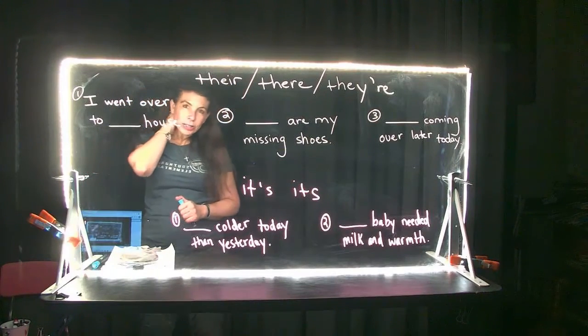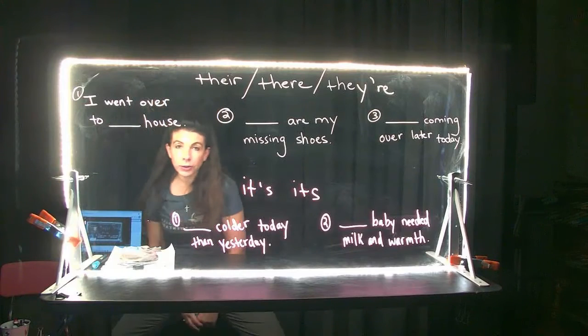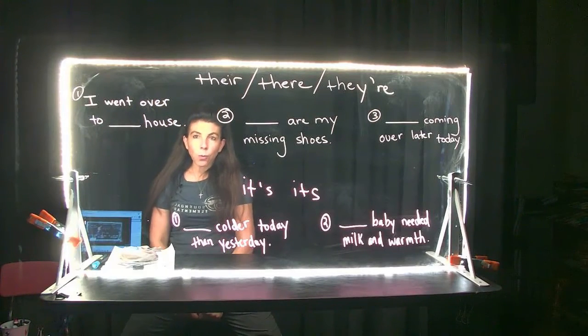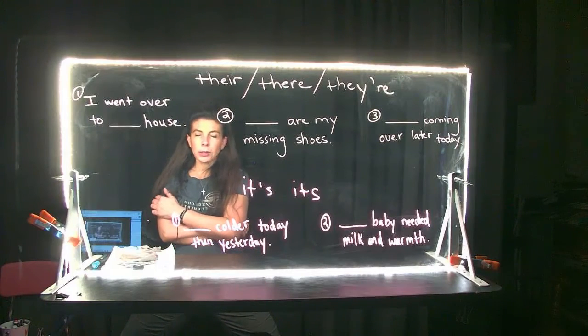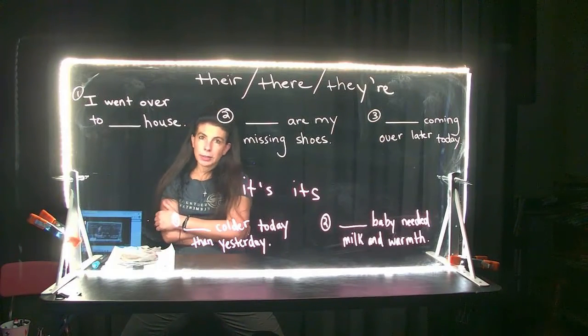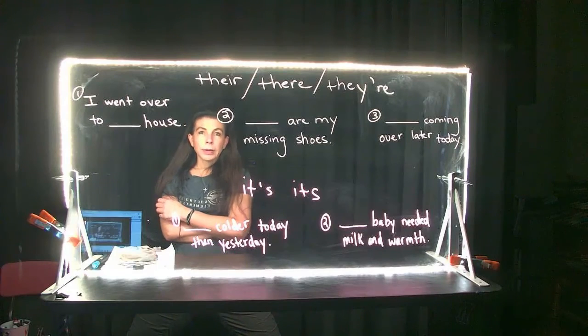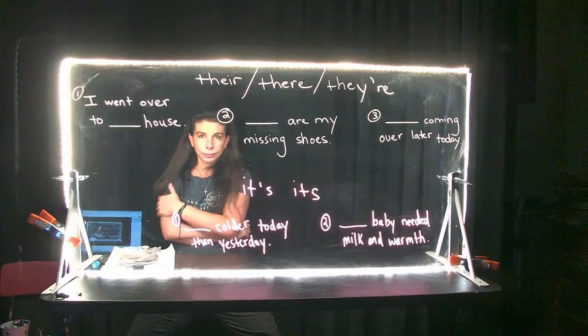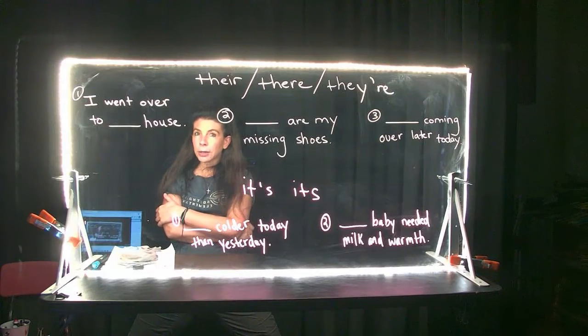So I'd like you to get out something to write with, and I want you to label your paper 1, 2, 3. It can either be your whiteboard, it can be a piece of scrap paper, something. Pause the video right now if you need to pause to get prepared.